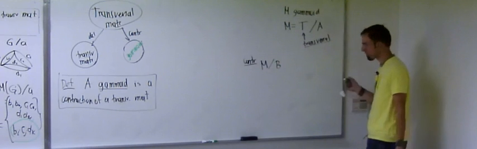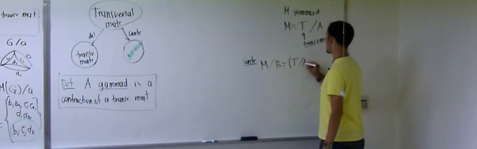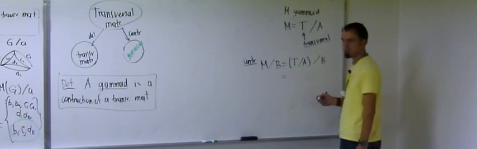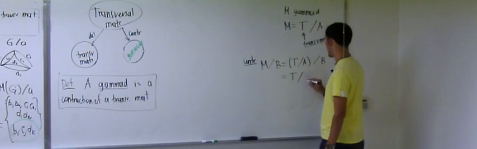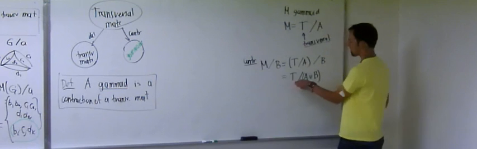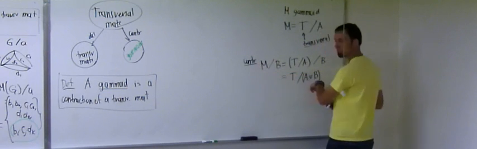Well, M contracted B is by definition T contracted A, and then you contract B, but contraction has this nice property that it's commutative. And so this is just a contraction of T. So any contraction of a gammoid is a gammoid.